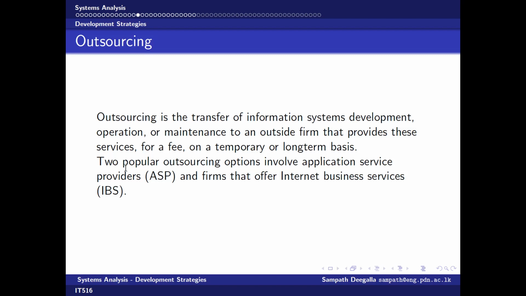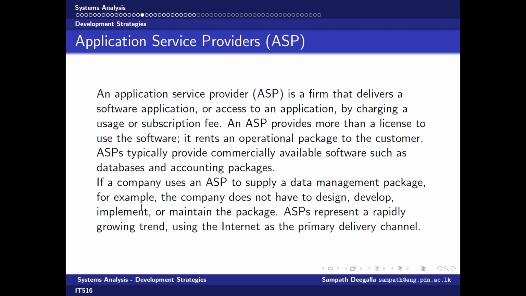So there are two popular outsourcing options that we are going to look at. That is application service providers, or in short ASP, and internet business services, in short IBS. So let's look briefly at these two. An application service provider is a firm that delivers software applications or provides access to the application. But for that, we have to pay some fee, right? So what they provide is not just a license.